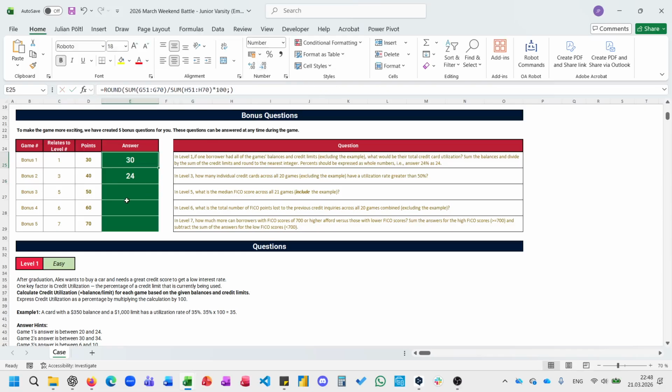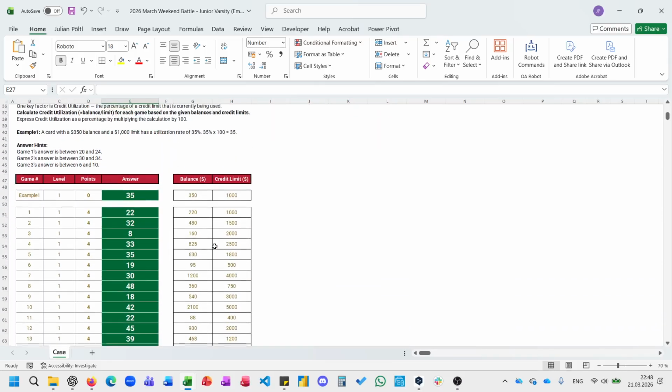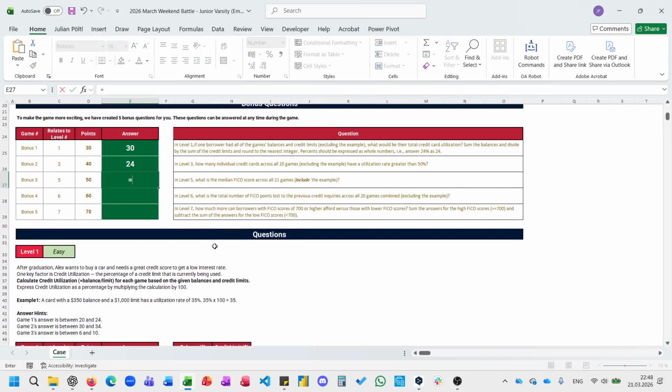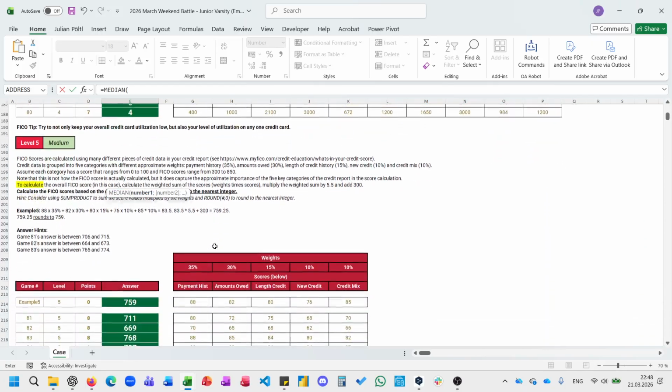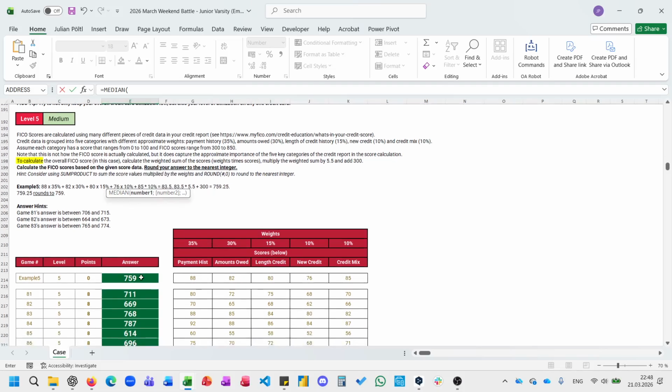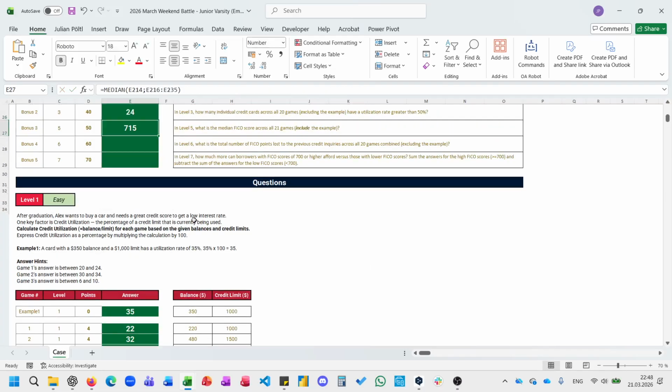I hope this is right. No idea. What's the median FICO score in level 5? I have no idea if the 0, so this blank would also count, but let's play safe. Yeah, okay, it's a whole number.